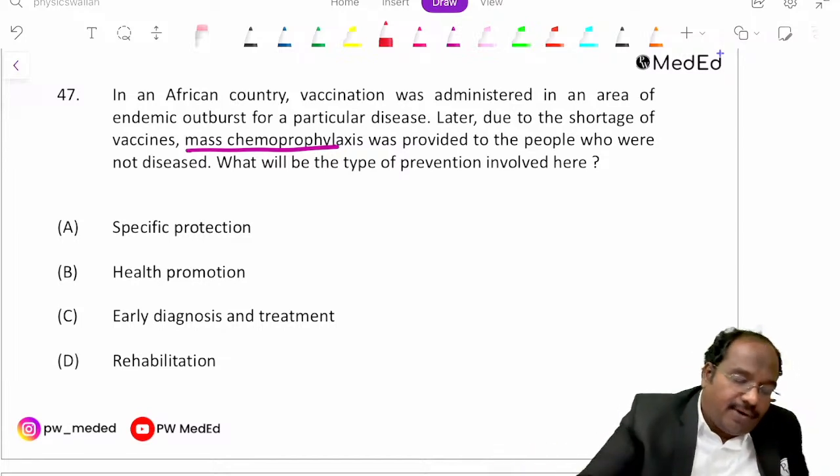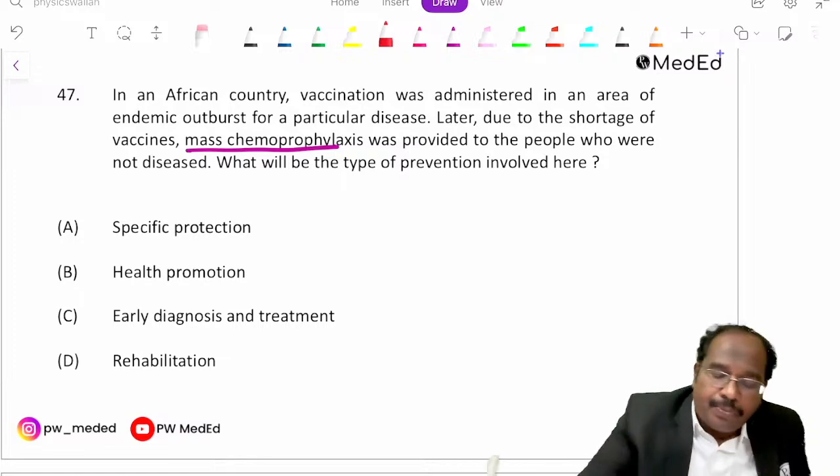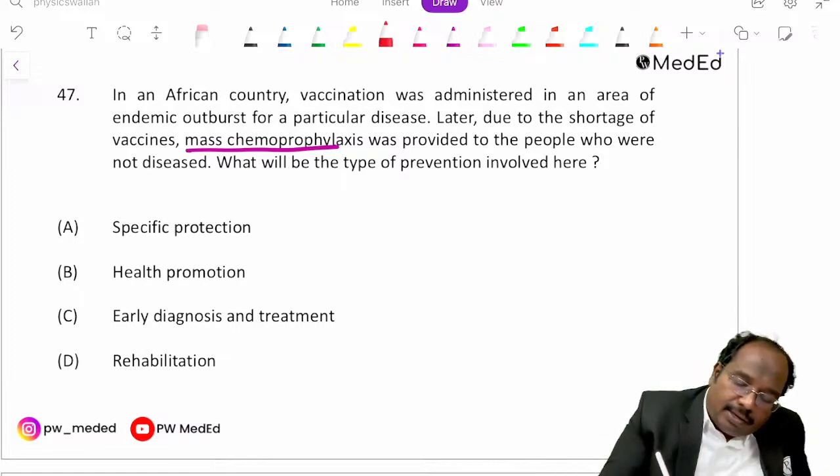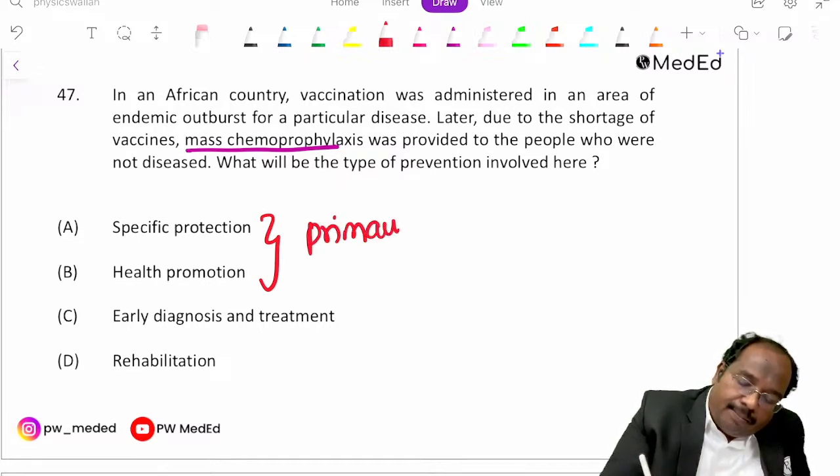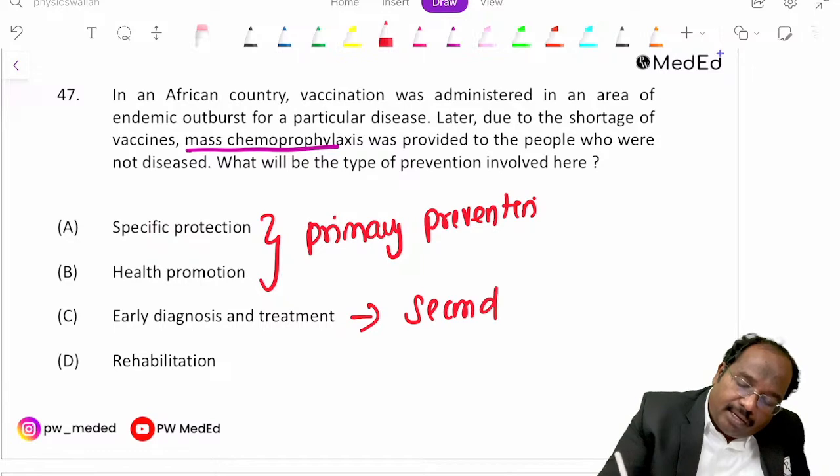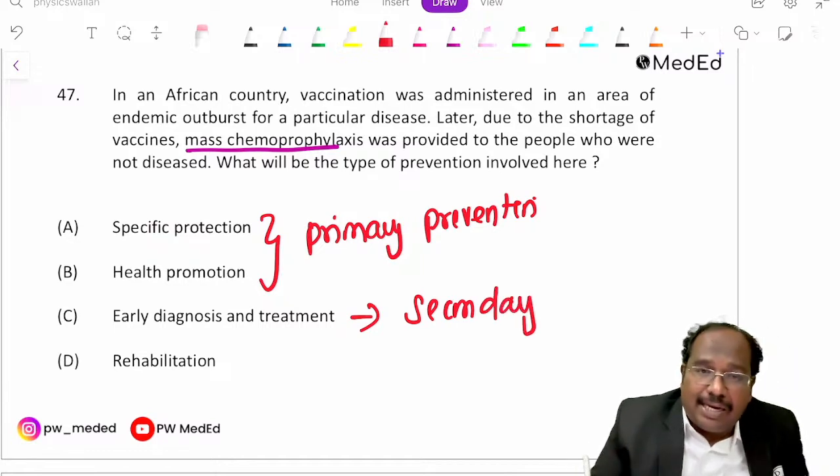So we saw the different levels of prevention, right? Health promotion and specific protection, these two focus on primary prevention. Early diagnosis and treatment comes in secondary prevention.